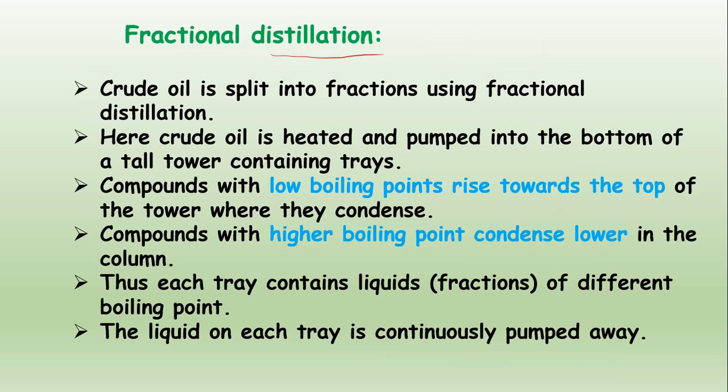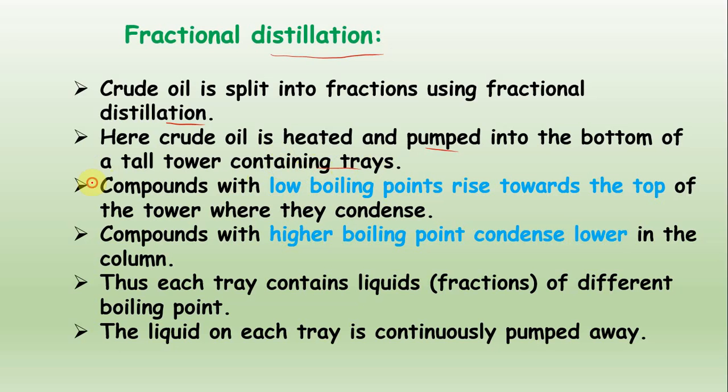What are the fractions, and what is fractional distillation? How can we separate these mixtures? Crude oil is split into fractions using fractional distillation. Here crude oil is heated and pumped into the bottom of a tall tower containing different trays where these fractions can be separated.